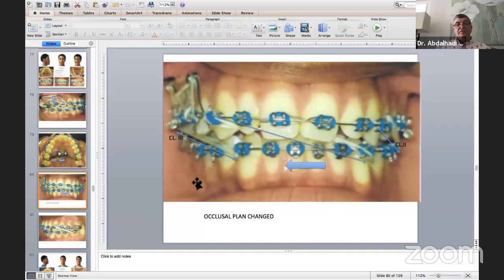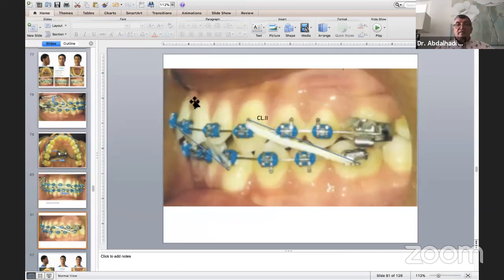And here is the action. And you see the occlusal plane started to change. So I have class 3 elastics on the right side and class 2 elastics on the left side. And I have elastic to intrude. This is a class 2 on the left side.